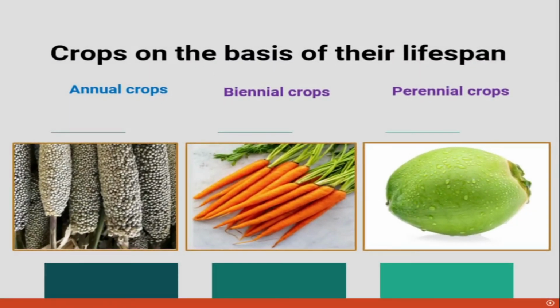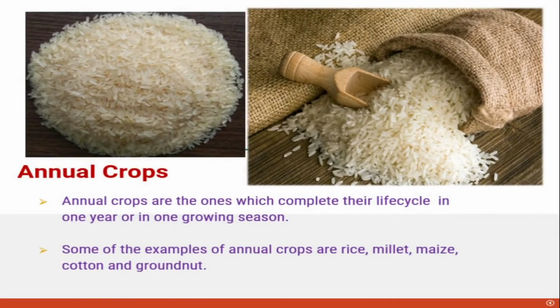Next, crops on the basis of their lifespan. First one, annual crops; second one, biennial crops; and third one, perennial crops. What is meant by annual crops? Annual crops are the ones which complete their life cycle in 1 year or in one growing season.